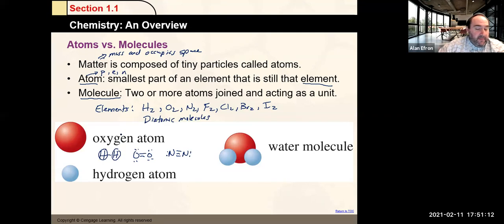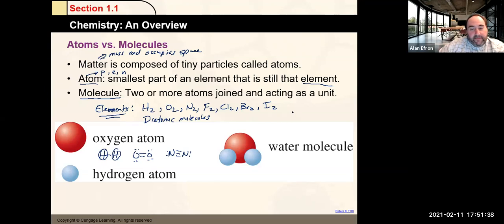But they are still elements because they are only made up of the same element. So when we talk about H2, it's made up of 2 hydrogens, which is the same element. Oxygen, same idea, 2 oxygens, and nitrogen. So molecules can be elements.